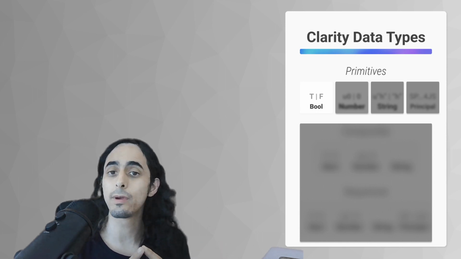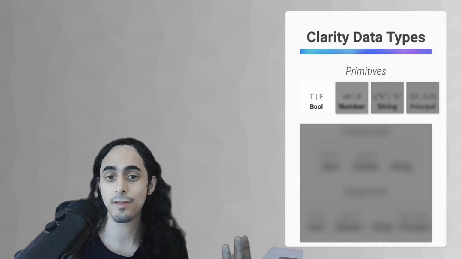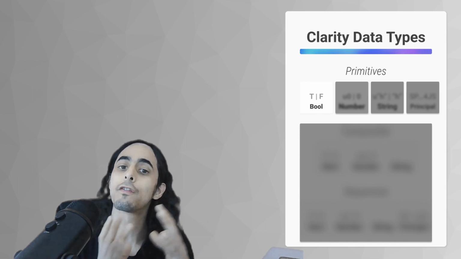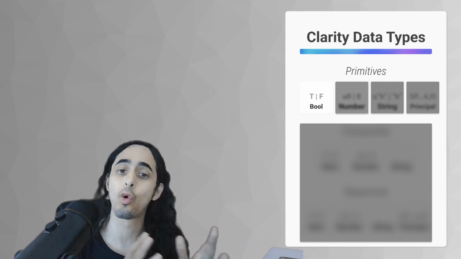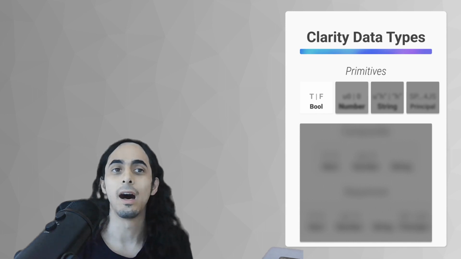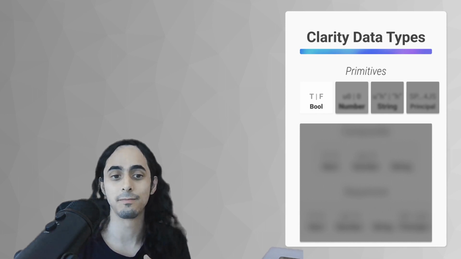Today, we're going to be reviewing the most common and the most universal data type in all programming languages, and that is the Boolean, aka a true or a false value, aka a 0 or a 1, however you're used to thinking of Booleans. The Boolean is the most universal data type that you can find in any programming language.